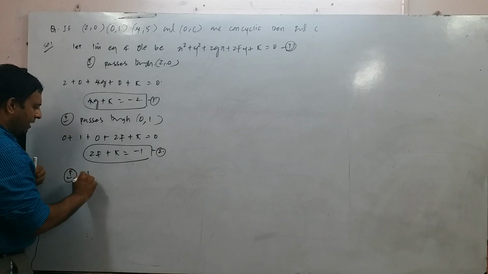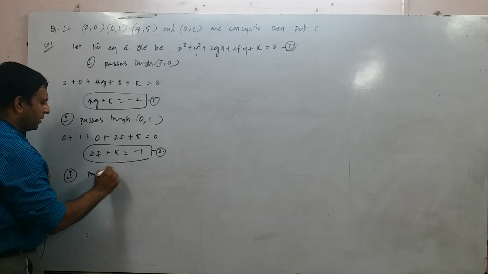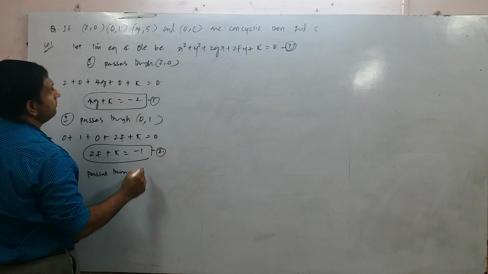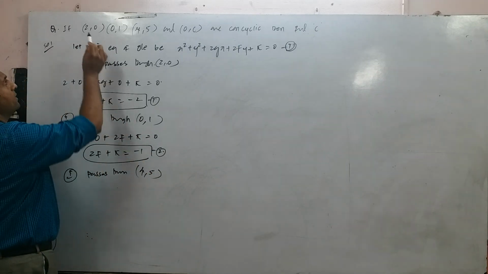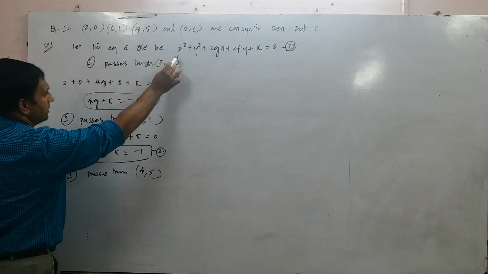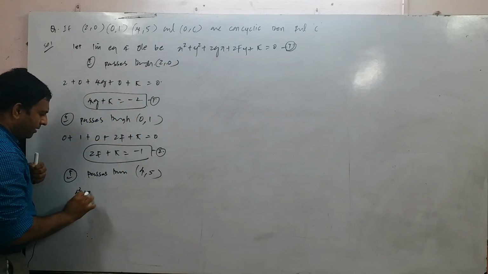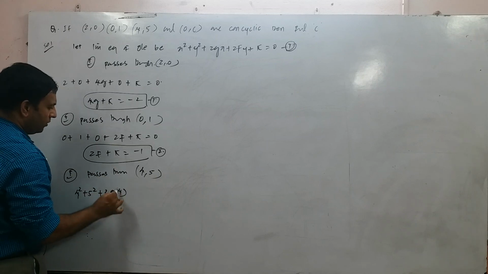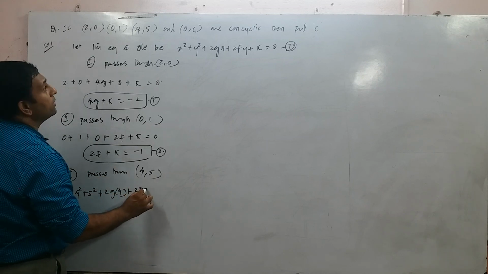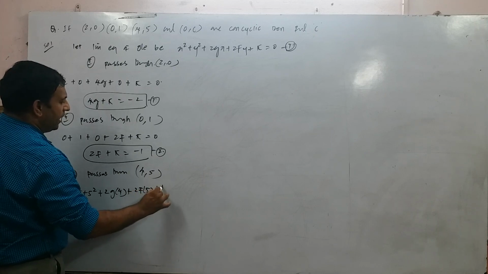Next, I passes through (4, 5). When I passes through (4, 5), take this point and substitute in this equation I. It is 4 square plus 5 square plus 2g into 4 plus 2f into what is the y value, 5, plus k is equal to 0.